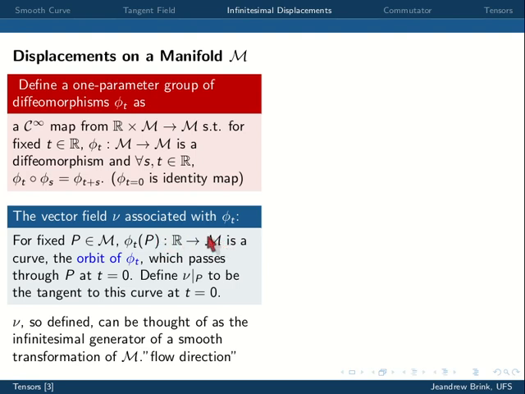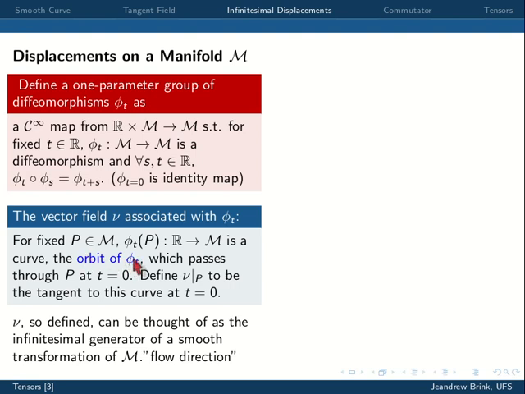And that restricted map meets the definition of a curve. So effectively, by restricting this diffeomorphism phi t to a particular point, we've restricted it to simply be a map from R to M, which is a curve, and this particular curve that we associated with that point is phi of t, and we called it the orbit.